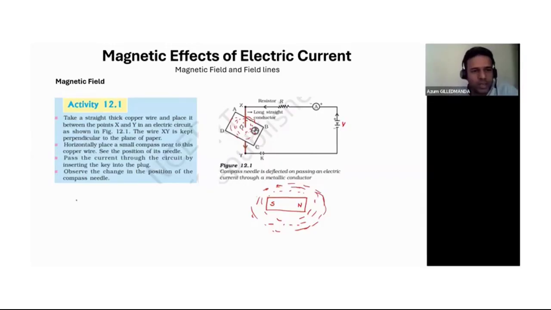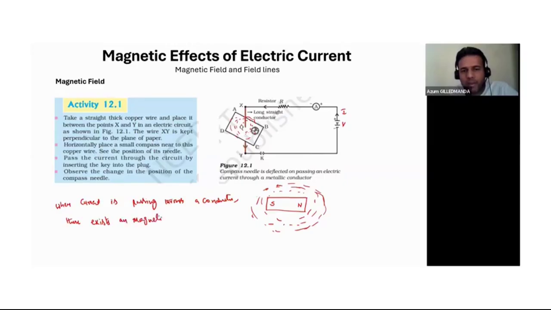So what we concluded here: when a current I is passing through a conductor, there exists a magnetic field surrounding the conductor.